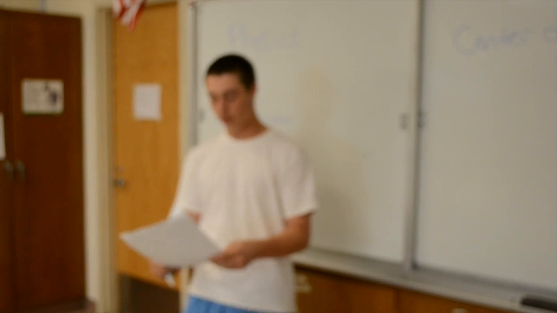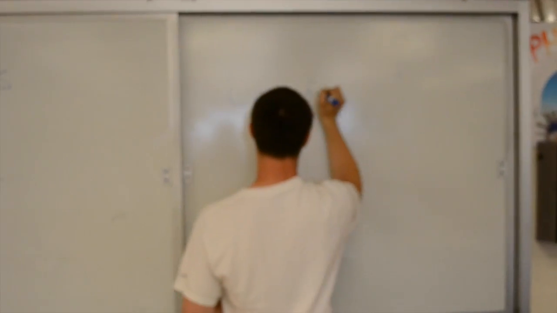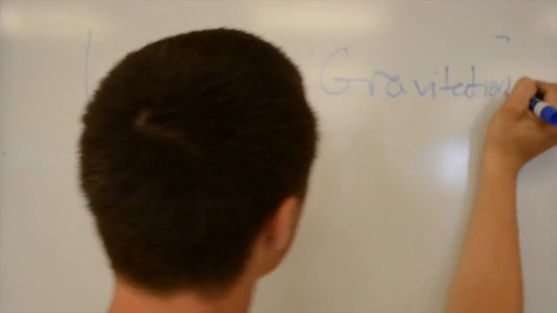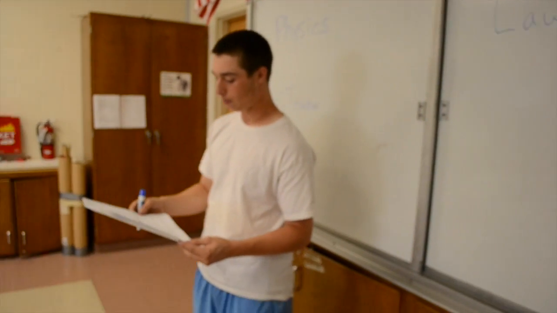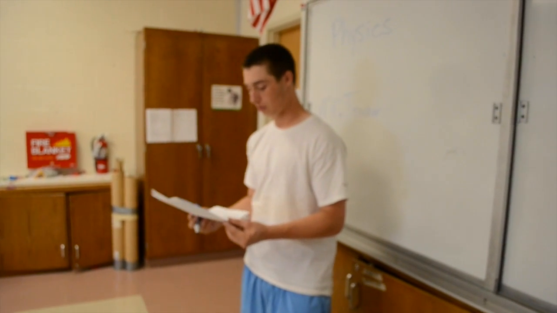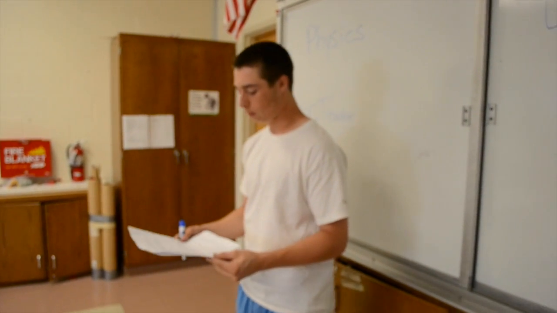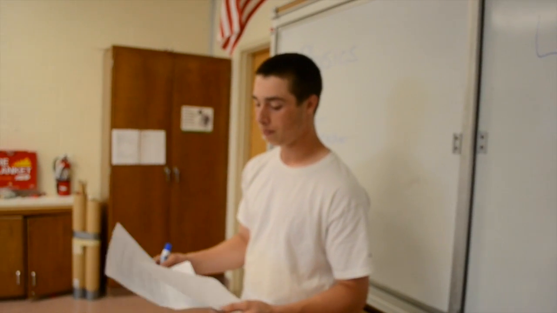Alright, next we're going to talk about Newton's universal law of gravitation. This law is the force of attraction between two objects must be proportional to the objects' masses, or gravitational force. Newton believed that the same force of attraction should exist between two objects anywhere in the whole universe.